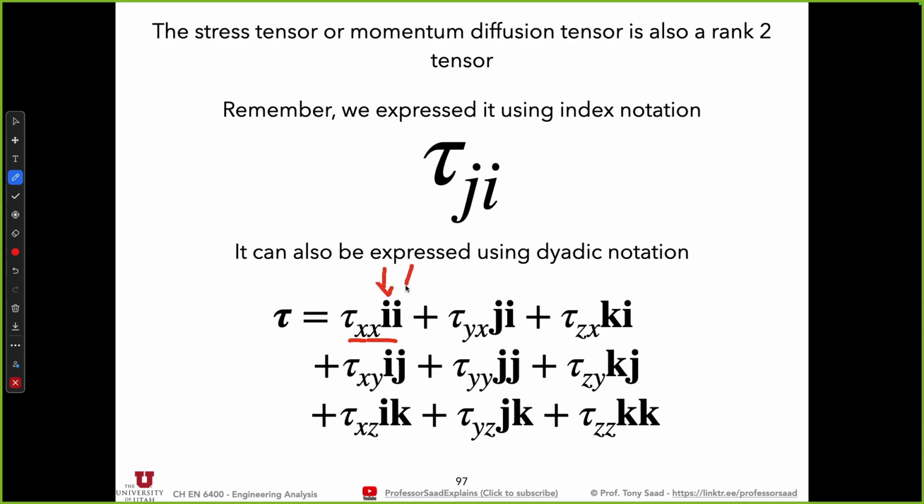And this is consistent with my nomenclature: the second i corresponds to the second index in the subscript, and the first i corresponds to the first index. Tau_yx is the diffusion of x momentum in the y direction, and the ji over here confirms that.